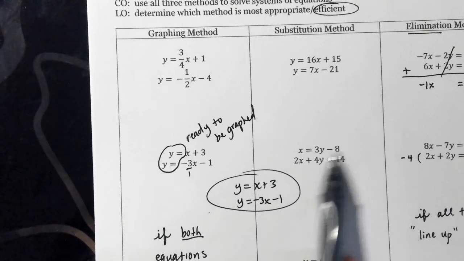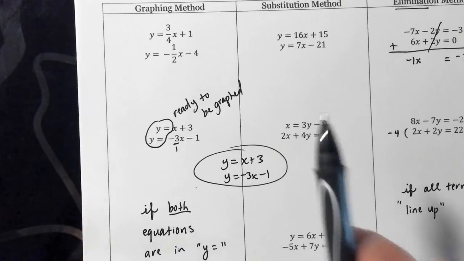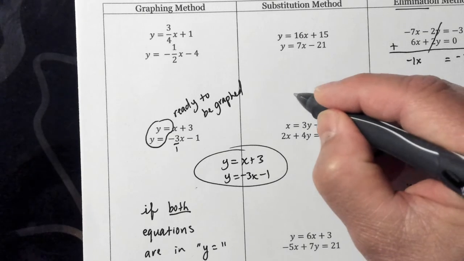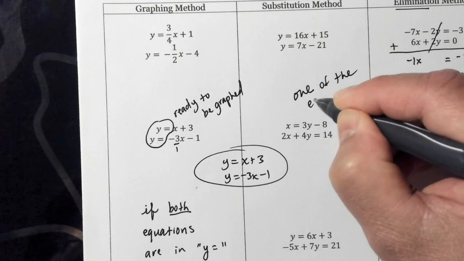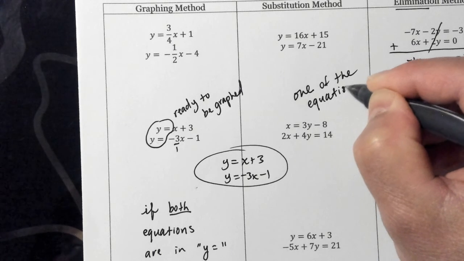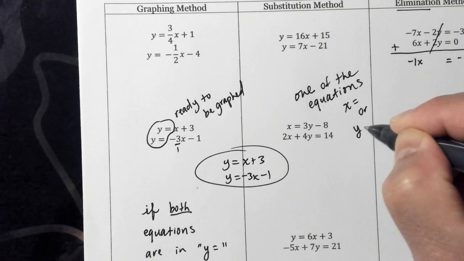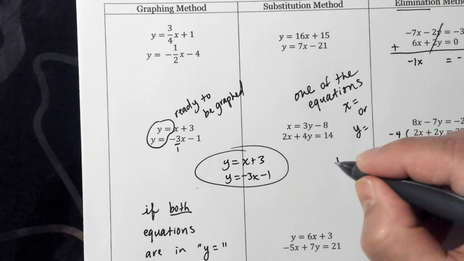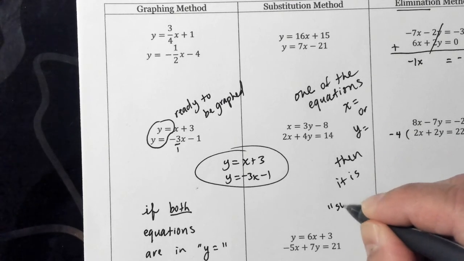Alright, this one, why is this the substitution method problem? Because if one of the equations says x equals or y equals, then it is substitute ready, is what I'm going to call it.